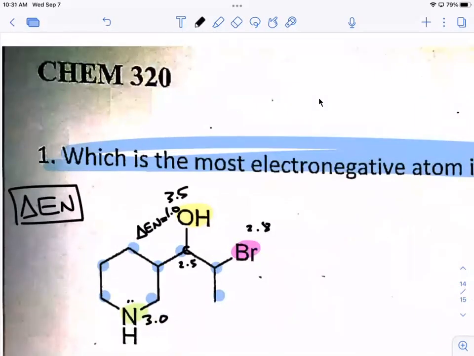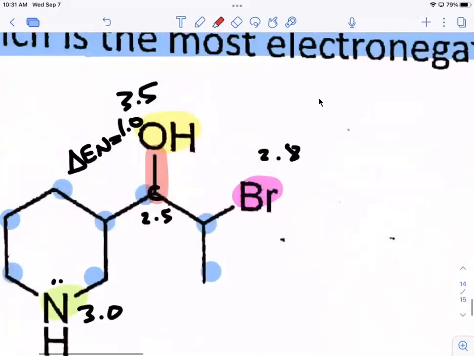What's the scale? 0 to 0.5 is non-polar covalent, and from 0.6 to 1.4 is polar covalent. So this falls in that range of 0.6 to 1.4, doesn't it? So that C-O bond is polar covalent.